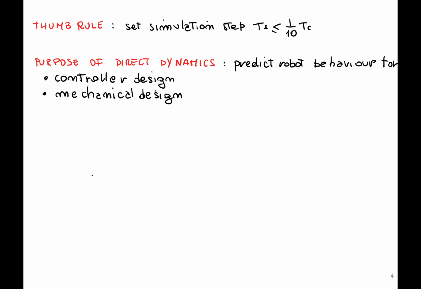Or, as we said, it could be used for mechanical design. For example, you can check, with a certain controller, what the efforts on the structure are. You remember that we can compute them. We will see them in Newton-Euler. We can compute what torques are involved if you want to size the actuators, because you want to define the motion first, and then work out the torques to select the actuator.